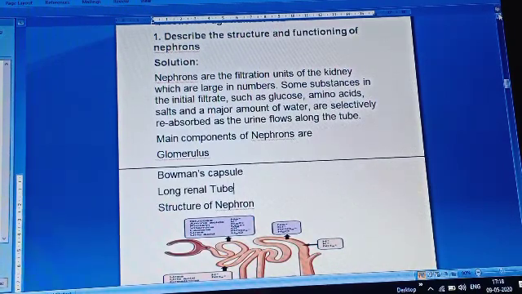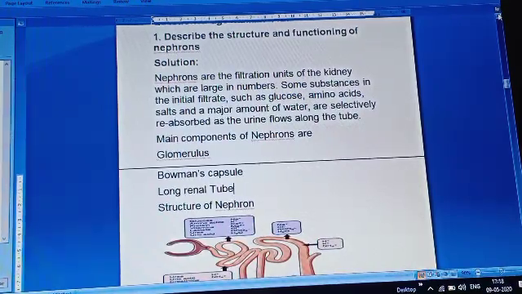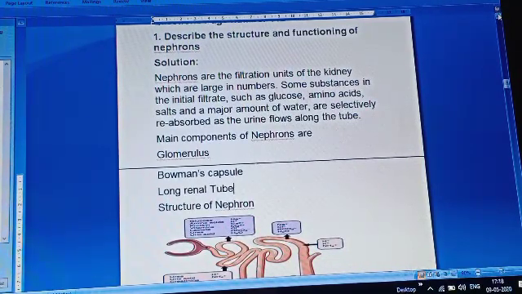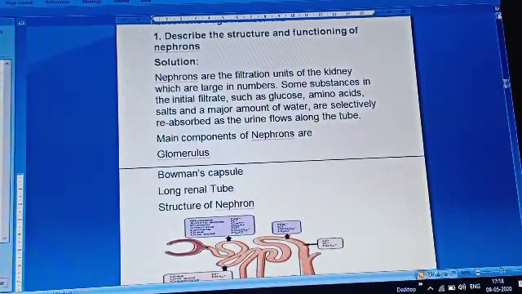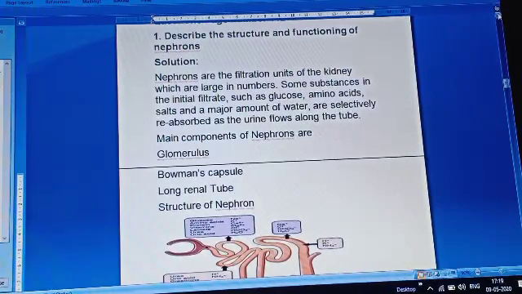At the starting portion, the nephron is known as the Bowman's capsule, where the ultrafiltration process occurs. Some substances such as glucose, amino acid and salt, and a major amount of water, are forcefully filtered by the ultrafiltration process.